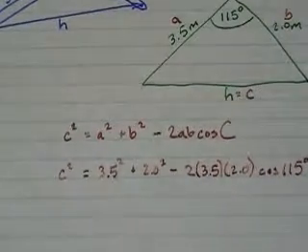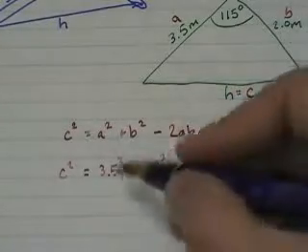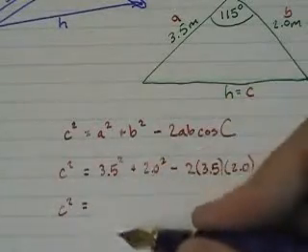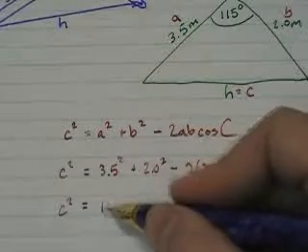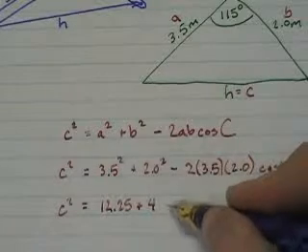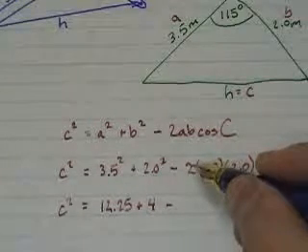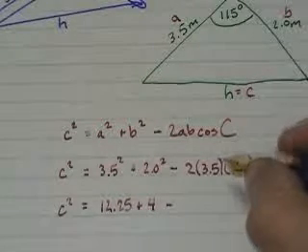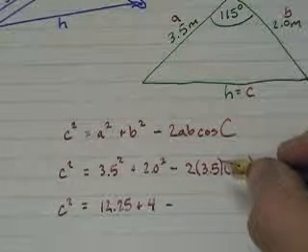Now, from this point, I'm going to just work this out, combine like terms. 3.5 squared is 12.25. 2 squared is 4. And then 2 times 3.5 is 14. Okay?